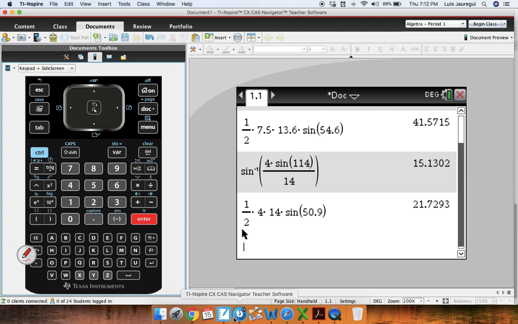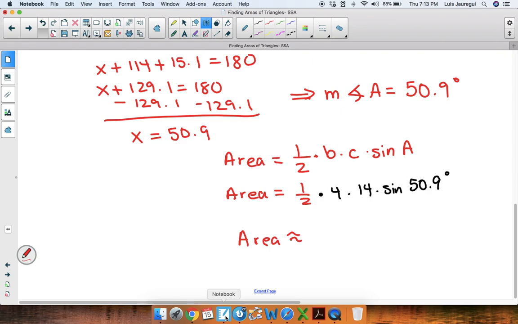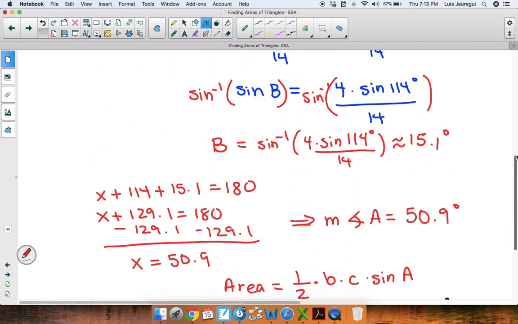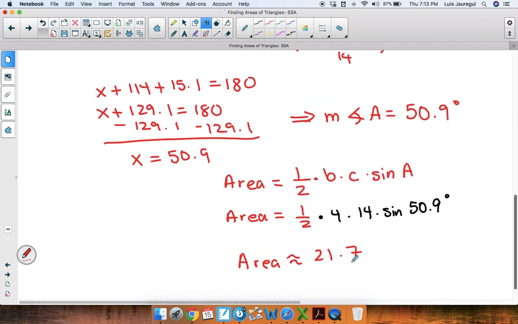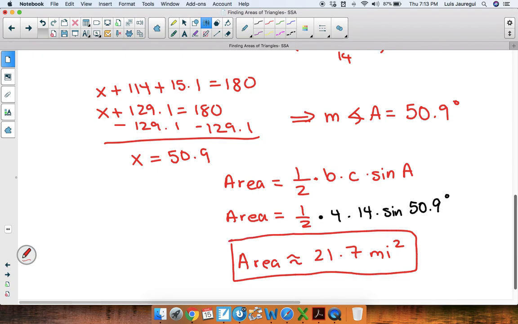So going back to our original problem, we can say that the area is about 21.7 square units, but in this case our units happen to be miles. So this is in miles squared. Therefore, one can conclude that the area for this particular triangle is about 21.7 square miles.